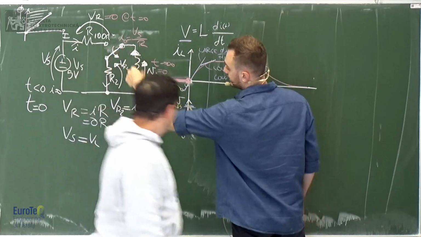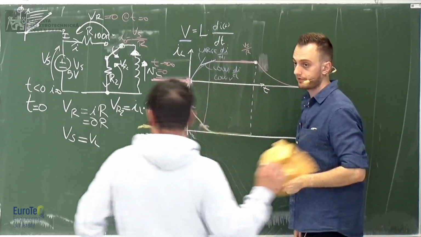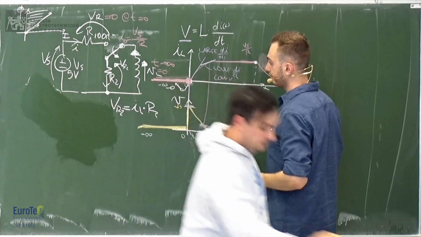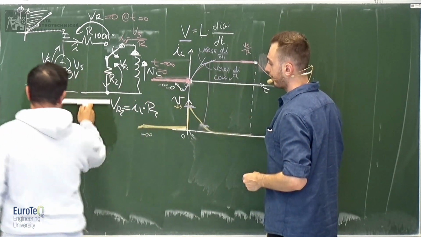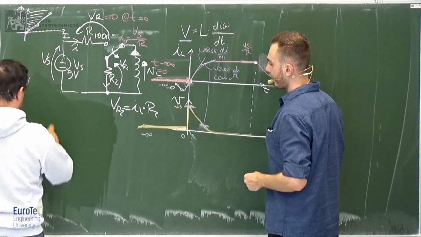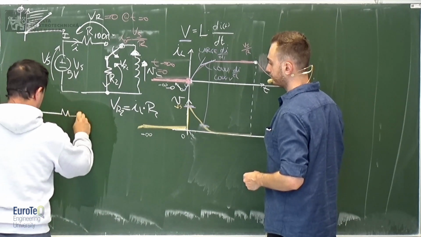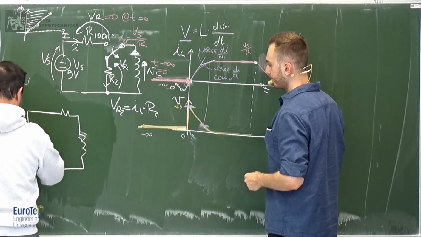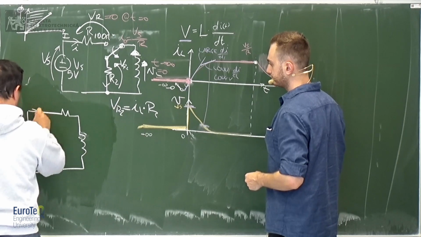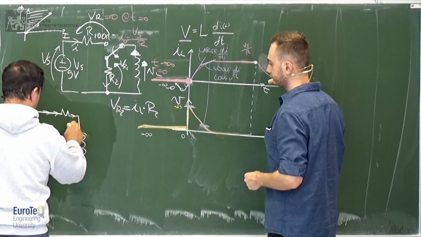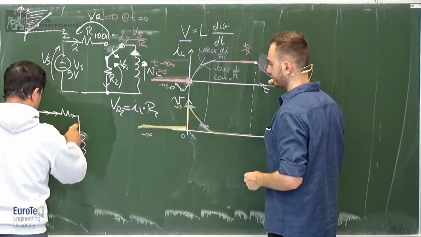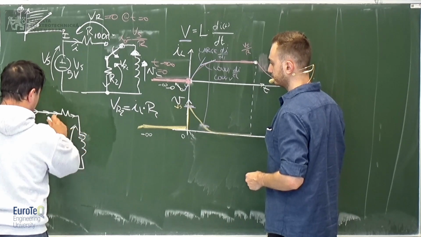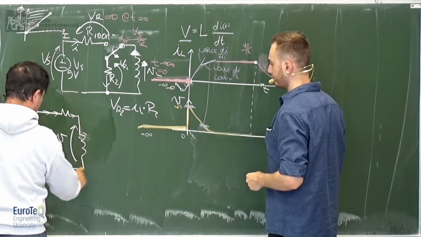Here you have a current which enters here, and the voltage is pointing up here. The current enters in this direction and it flows in this direction.